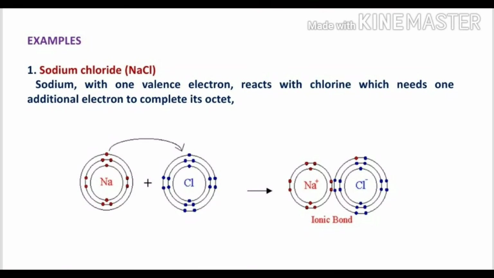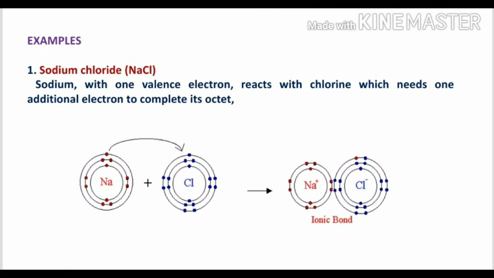So if you consider the sodium, there is only one electron in the 3s orbital, whereas chlorine has 5 electrons in the p orbitals. So to get one electron from sodium to complete the octet for chlorine is a very easy process. That's why the electron is transferred from sodium to chlorine.